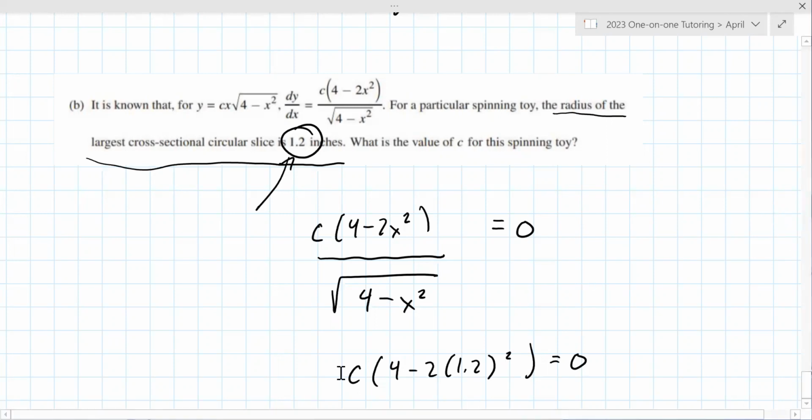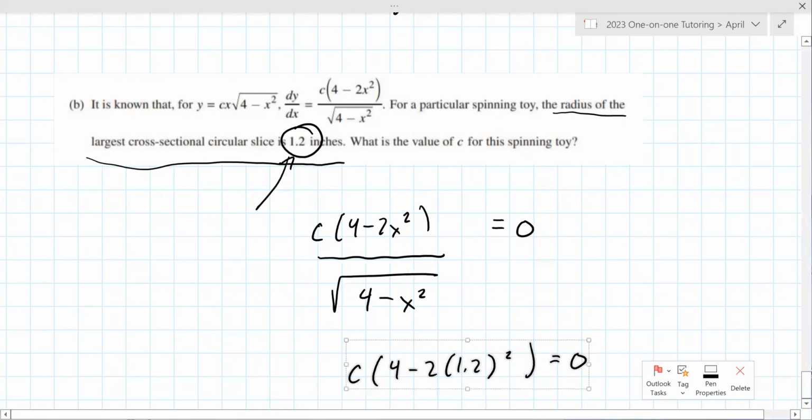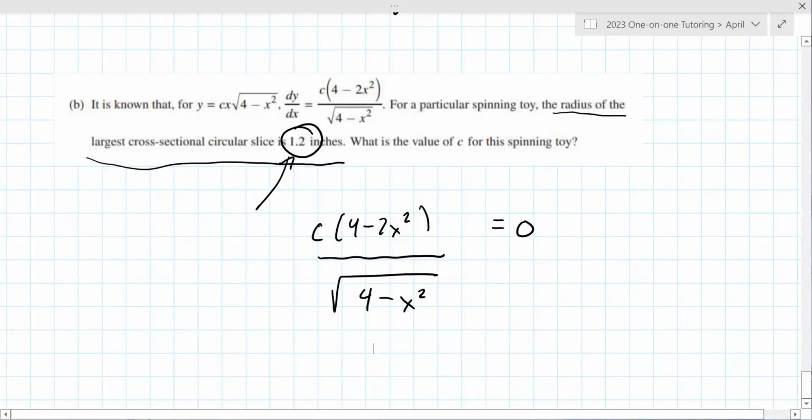I believe, sorry, this won't work. I've got to take this back. I misread this. So the Y value is the radius. Just think about this for a moment. What is the value of C for the spinning toy? Okay.